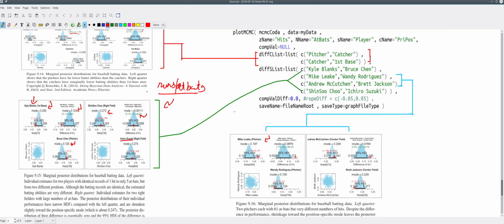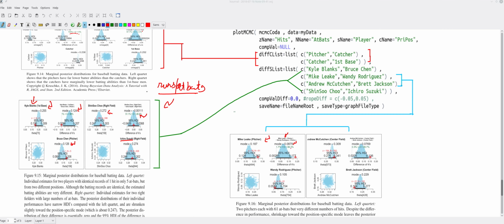You can also see, while the difference is small, 98% of the estimated distribution is greater than 0. That is, it's favoring Mike Leakey. So we can say that while the difference is 0.087, it is substantial in that 98% of the distribution is greater than 0, favoring Mike Leakey.